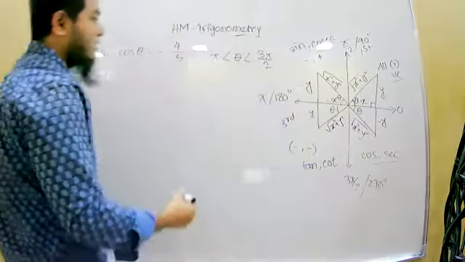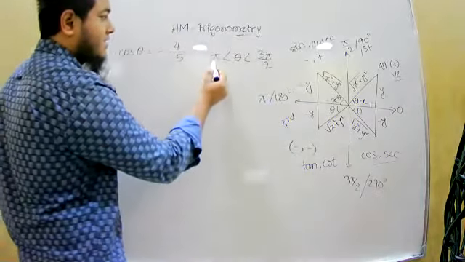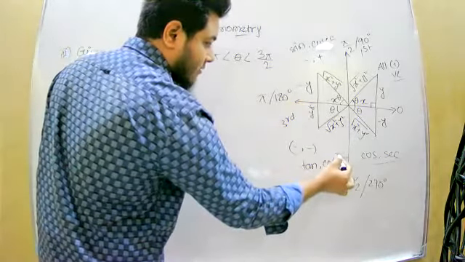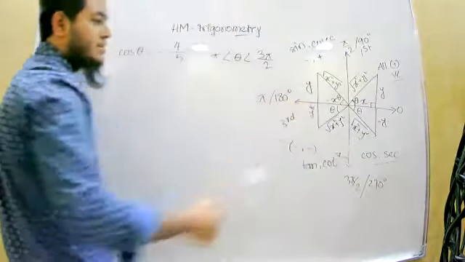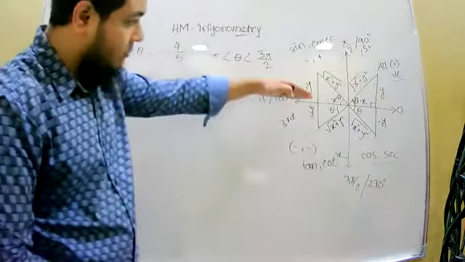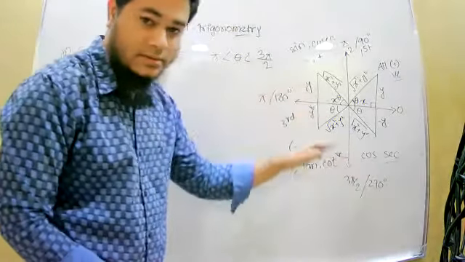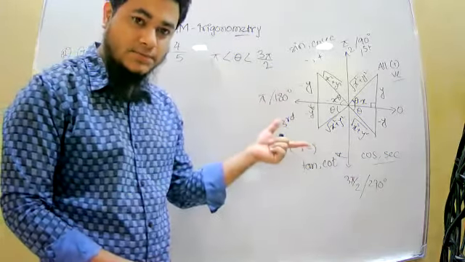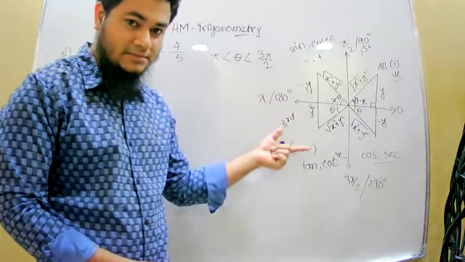So if I tell you that your angle is greater than pi but less than 3 pi by 2, what does that tell you? Where is your angle? Between pi and 3 pi by 2, the third quadrant. You understood that this will be in the third quadrant. They have made it very clear.